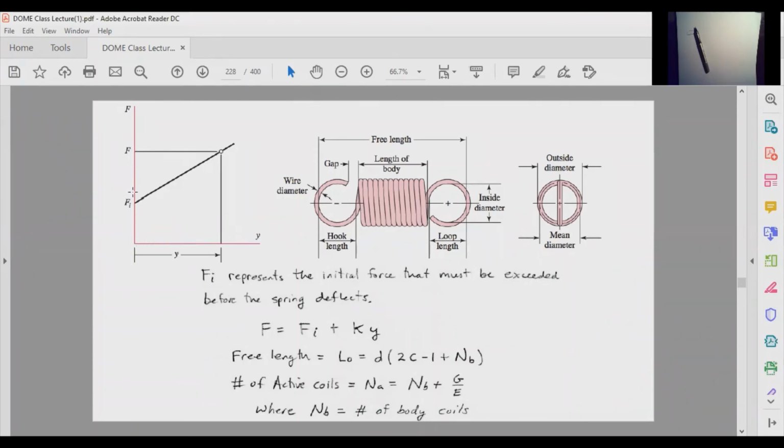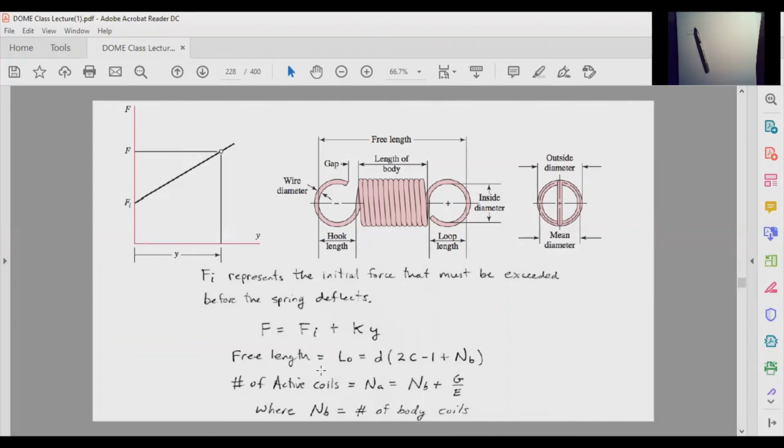That is why the k-x diagram, or the stiffness of that spring, would look like this. If your force is below Fi, you're not going to have any deflection, so my deflection is going to be 0. Then if I increase my force more than Fi, the deflection is going to start to build up. So the force in the spring is equal to Fi plus Ky, where y is the deflection of the spring.